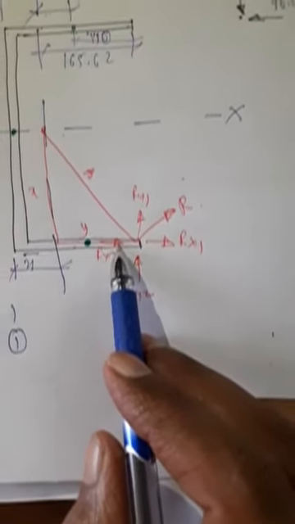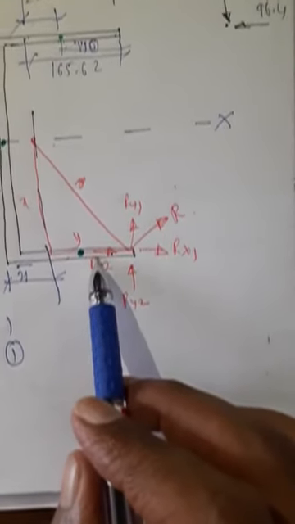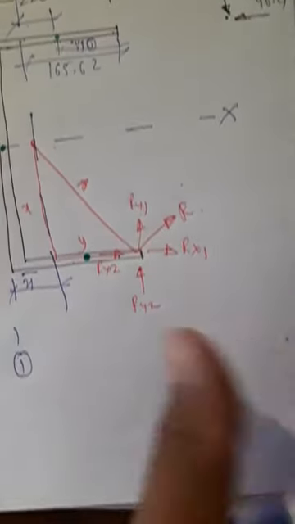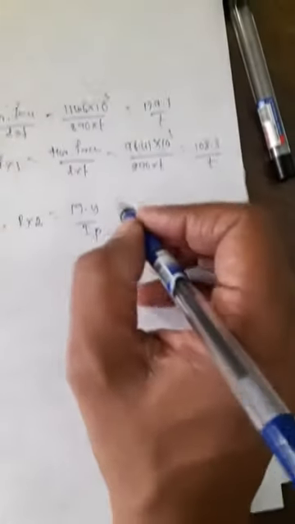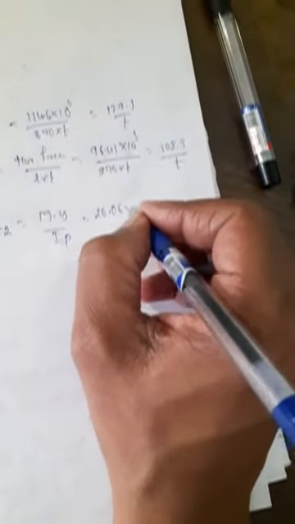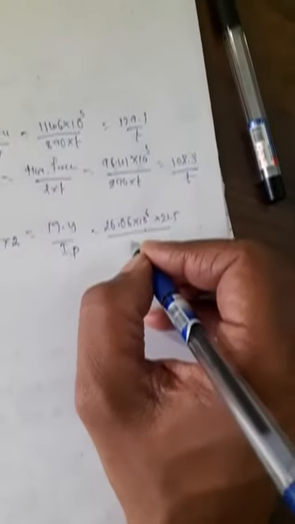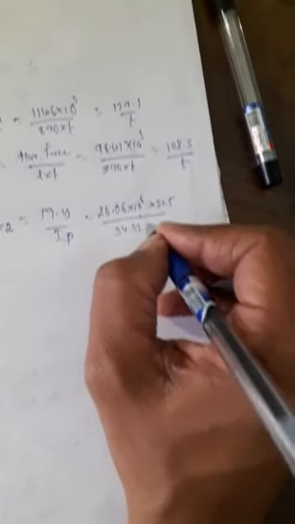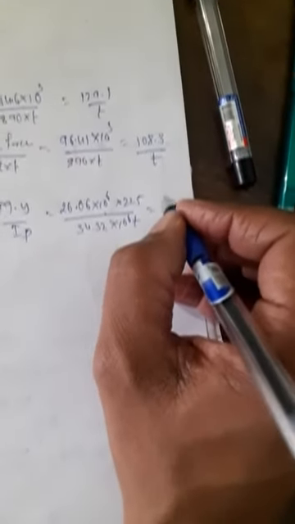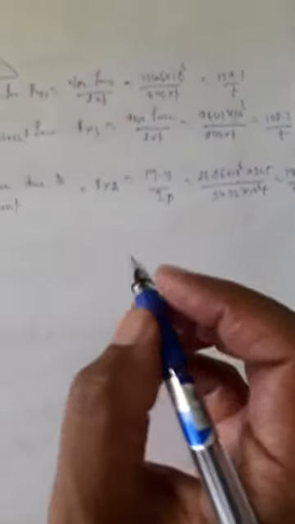Force developed at CG point because of Rx2. So Rx2 is moment M into Y, this distance, divided by IP. So here I get the value 26.06 into 10 raised to 6 into 225 divided by 34.32 into 10 raised to 6 T. So I get the value 170.8 by T.